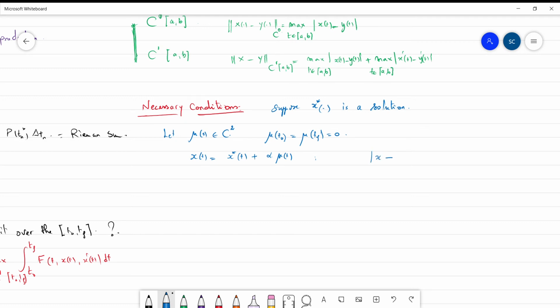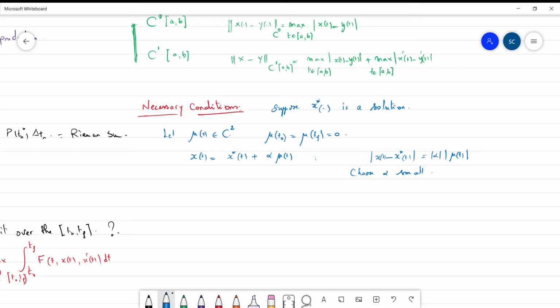If you take the difference between the two, it will be the absolute value of alpha times mu(t). So if your mu function is well known and bounded, then we can control this distance by choosing alpha very small, so that x is close to x star.